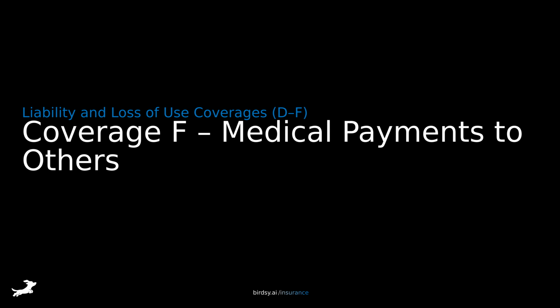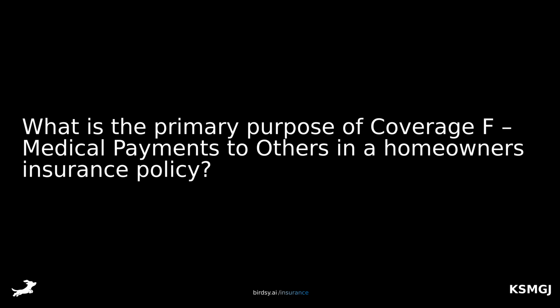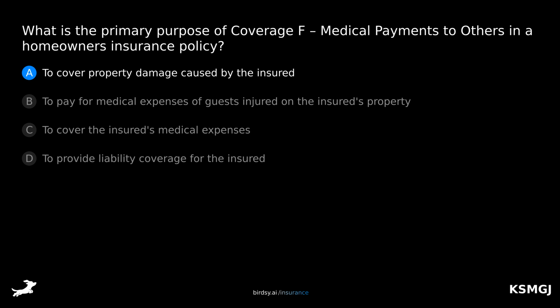Coverage F, medical payments to others. What is the primary purpose of coverage F, medical payments to others, in a homeowner's insurance policy? Is it A, to cover property damage caused by the insured? B, to pay for medical expenses of guests injured on the insured's property?